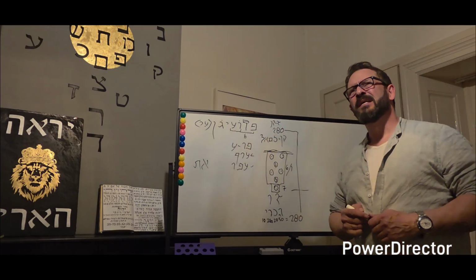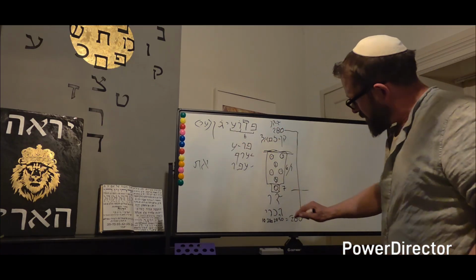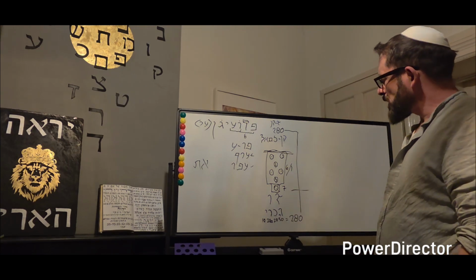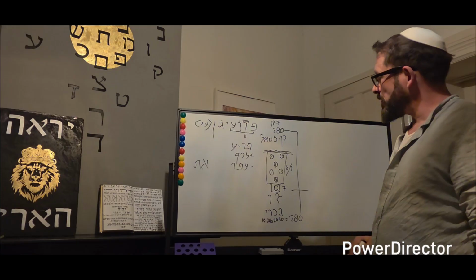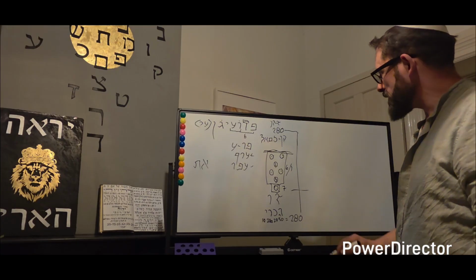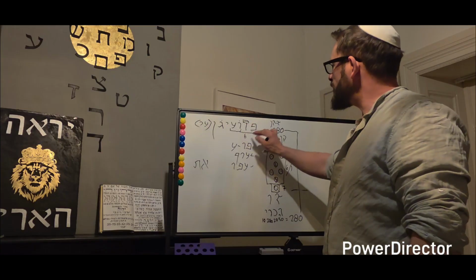Oh yes, I forgot, there's another permutation. And another, because we had Zer, stranger, right? Nochri. There's also the sojourner, I already mentioned it, which is a ger, right? Ger, which is also found here.